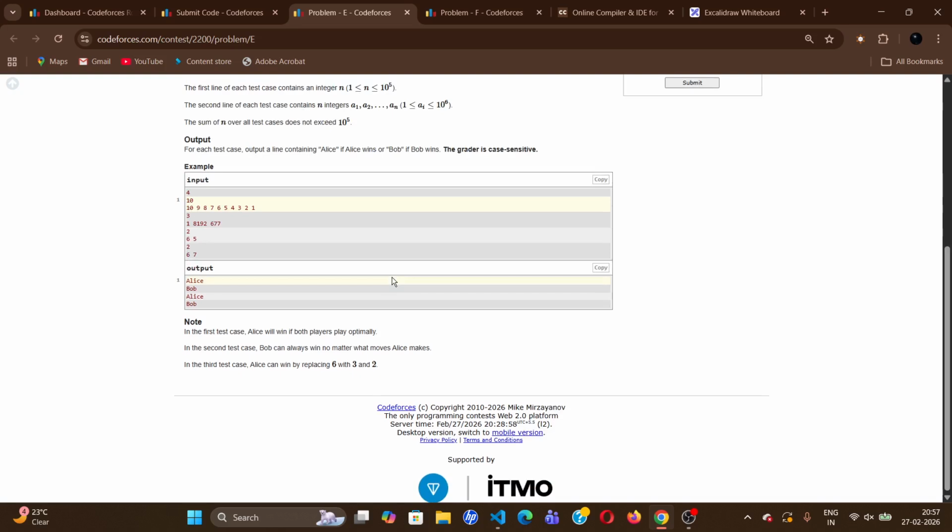First case, Alice will win if both play optimally. In the second test case, Bob can always win no matter what Alice does.